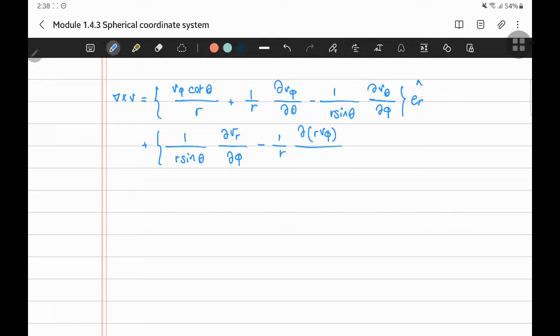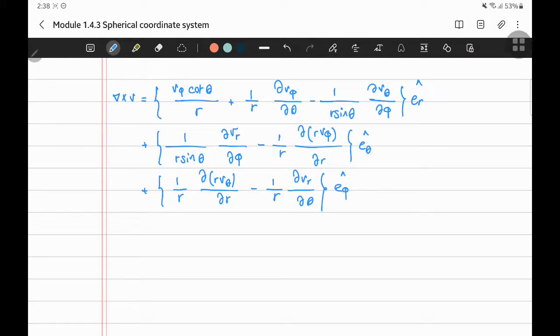You have to expand this with respect to r, and this is the e theta component. And finally, we have 1 divided by r, partial derivative of r V theta with respect to r, minus 1 divided by r, partial derivative of V r with respect to theta, e phi.